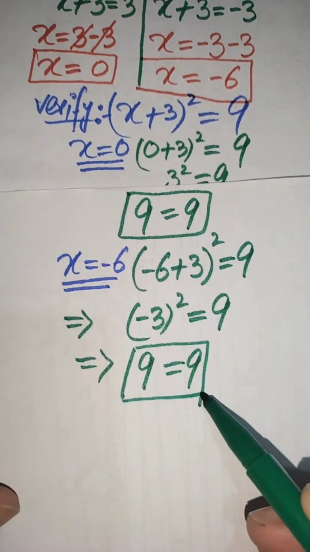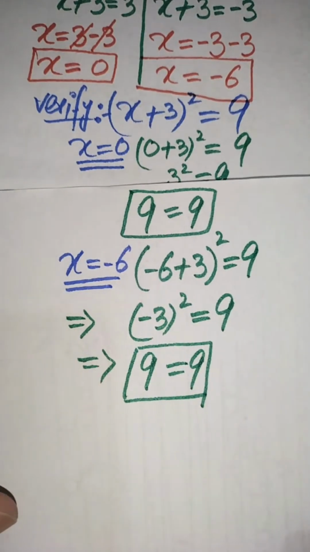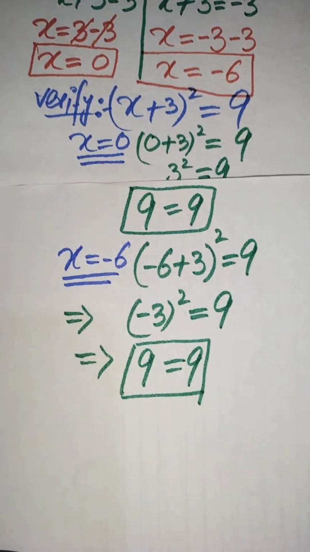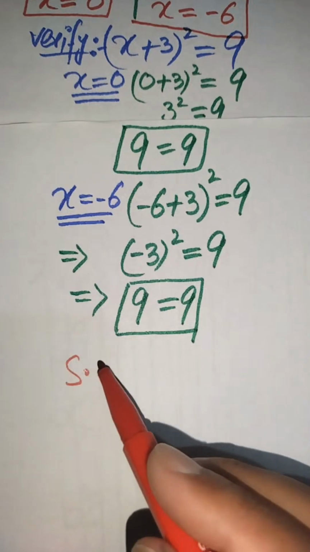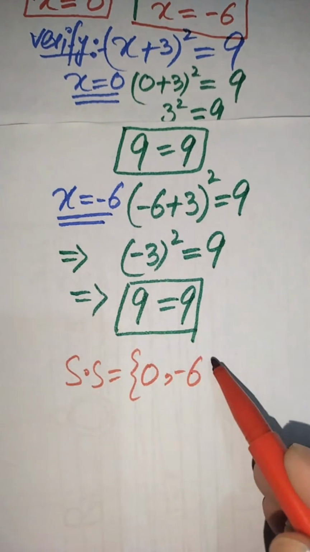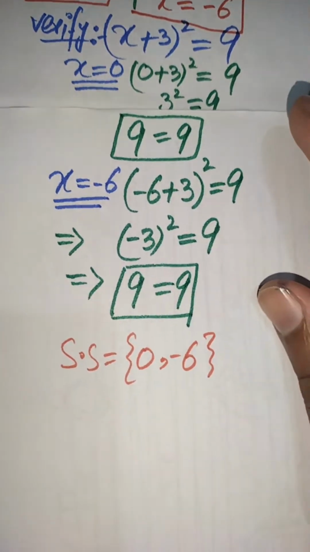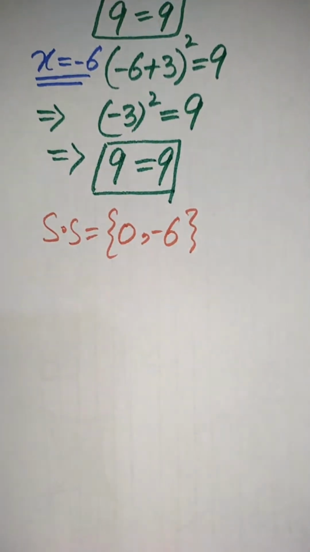This shows that the second value, x = -6, also satisfies our given question statement. So finally, we have the solution set of the second method: 0 and -6. This is the same solution set which we got in the first method.